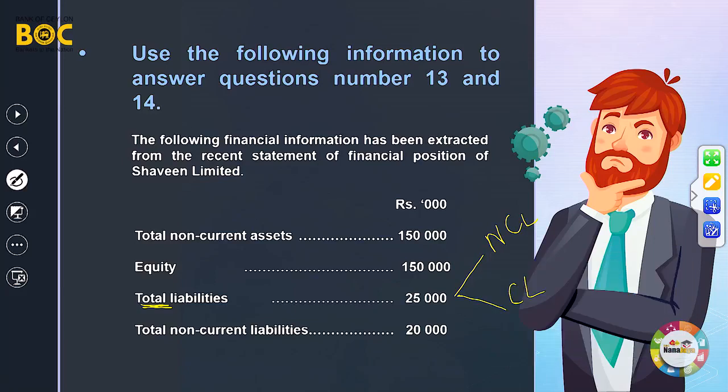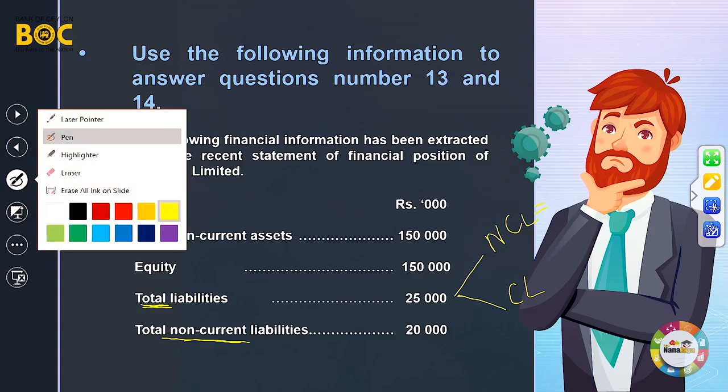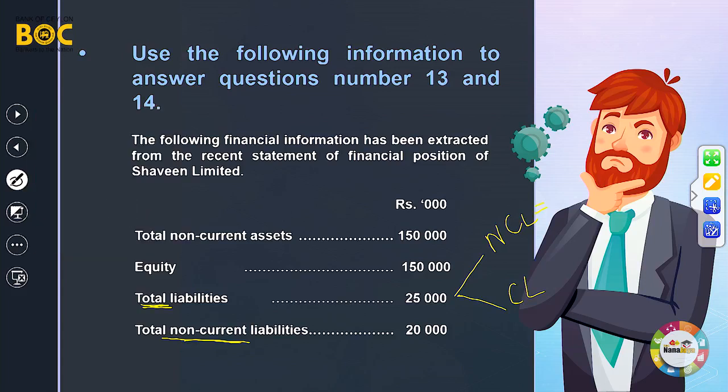So when you read the question the first time, you can be familiar with it and write this down. The non-current liabilities are 20 million, so the current liabilities should be 5 million.